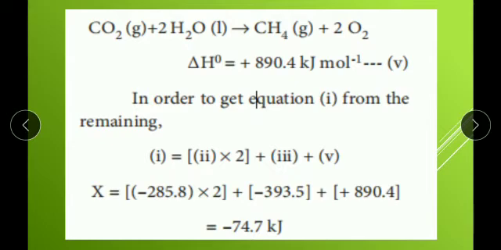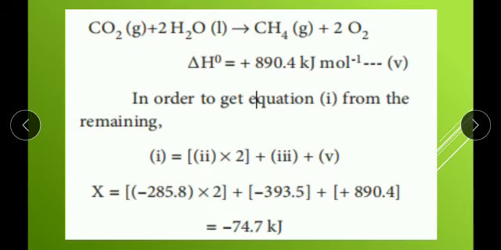What is equation 1? C plus 2H2, we are getting CH4. For that purpose, we are doing 2 into 2. What is 2? Formation of water molecule. Why?